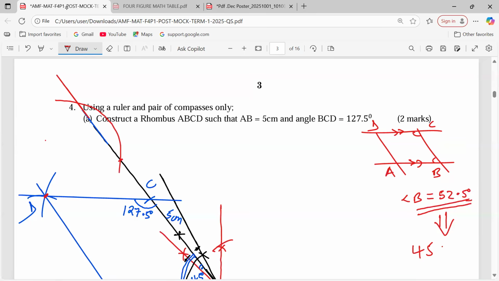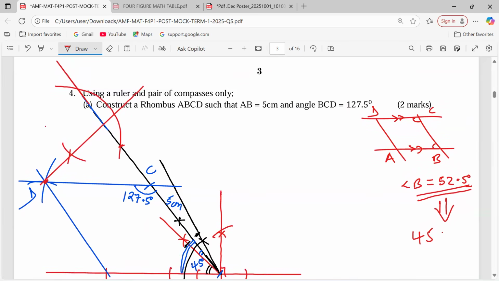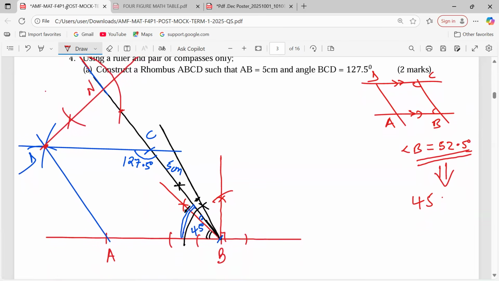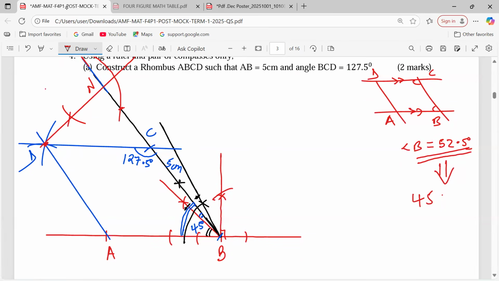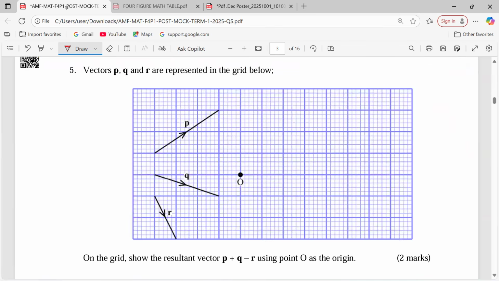Then you stand on those arcs to make other arcs, either beyond or here. And now you drop the perpendicular line. Yeah, so that's a perpendicular dropped from D to meet BC at a point N. Then you measure the length of your perpendicular strictly up to point N, like that.